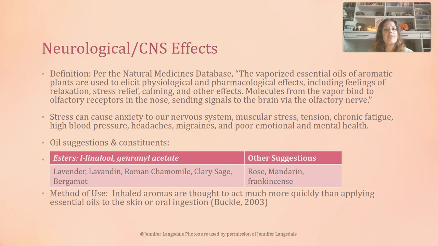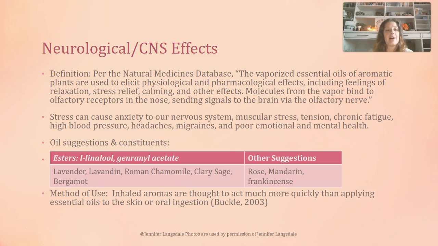Per the Natural Medicines database, which is a wonderful database that I highly recommend if you haven't yet explored it, they say that the vaporized essential oils of aromatic plants are used to elicit physiological and pharmacological effects, including feelings of relaxation, stress relief, calming, and other effects.